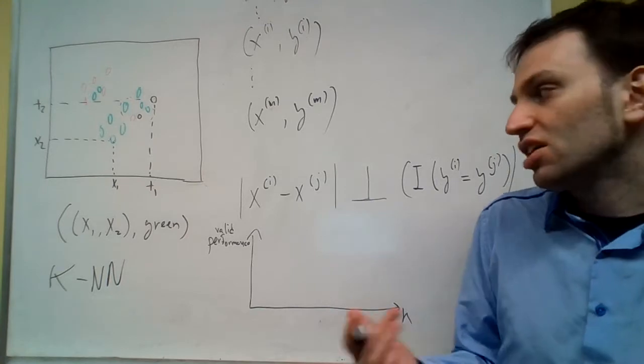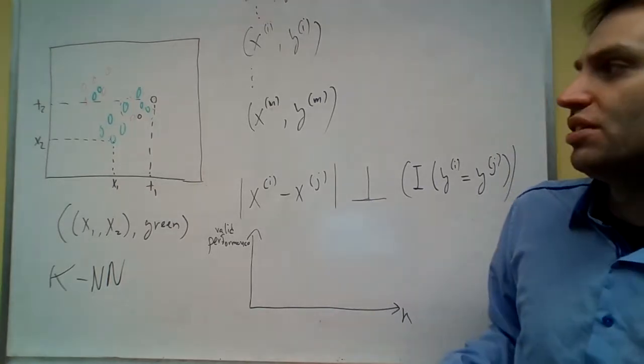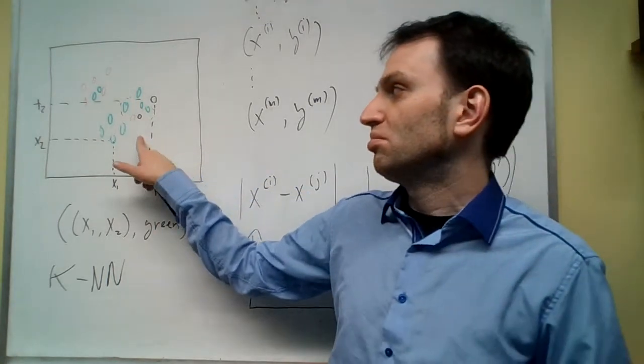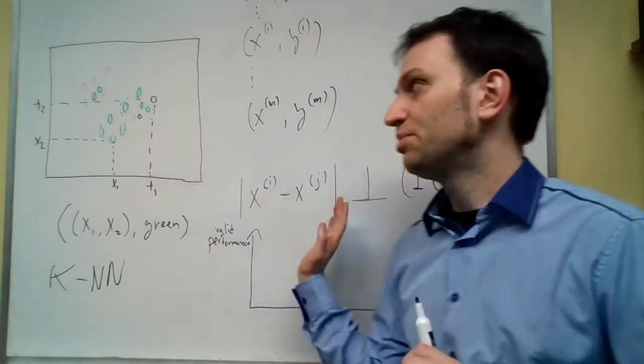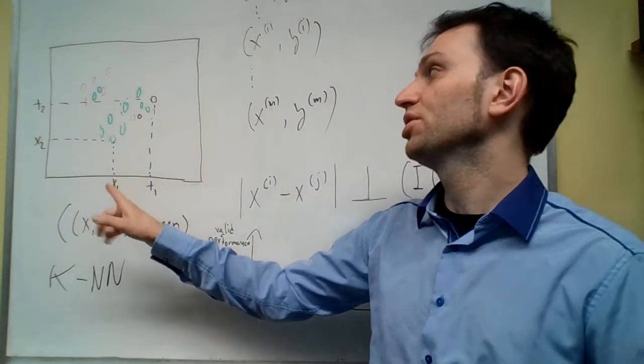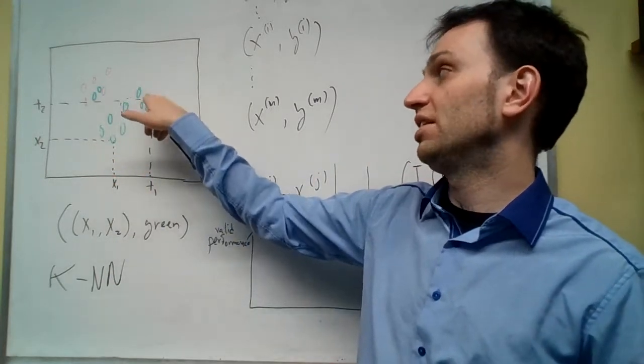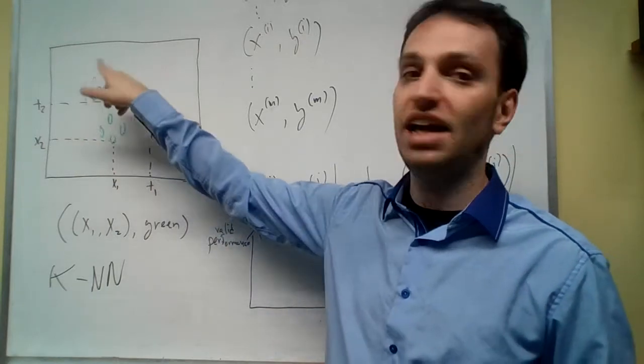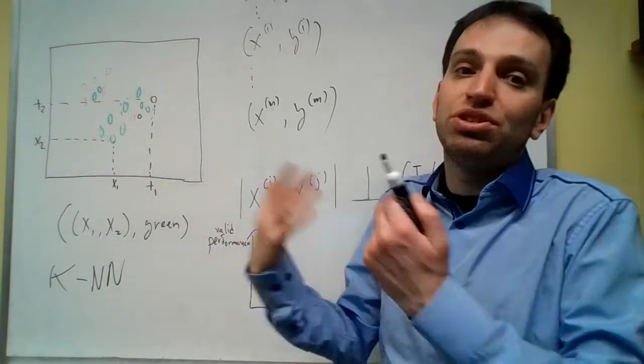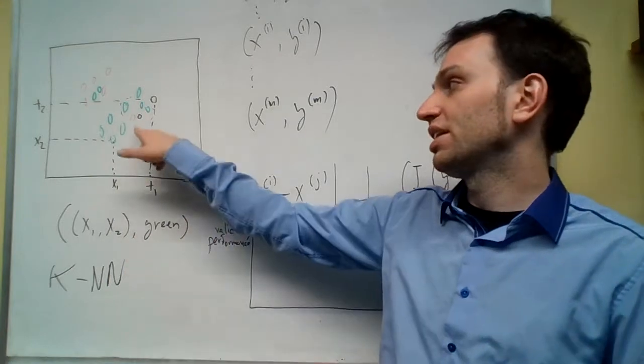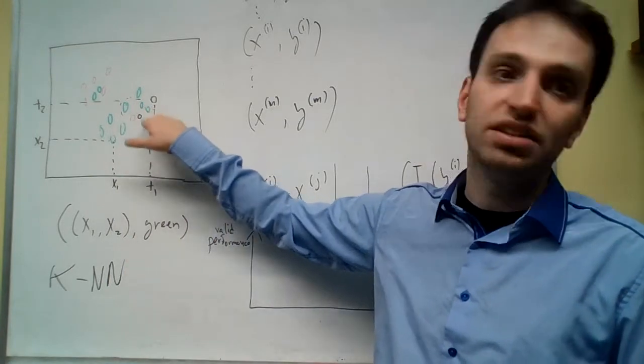Well, the output for k nearest neighbors is going to be kind of noisy, right? Because if the label has nothing to do with the labels of the neighbors, you should say this is green and this is green and everything is green. But if you're using, for example, one nearest neighbor, then you'll say this is pink, but this is green.